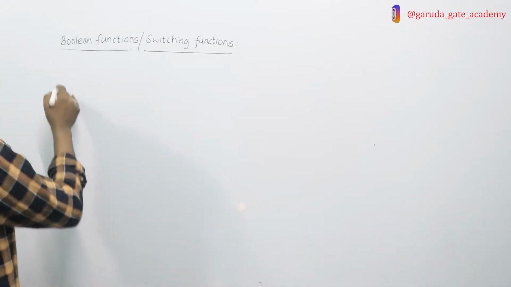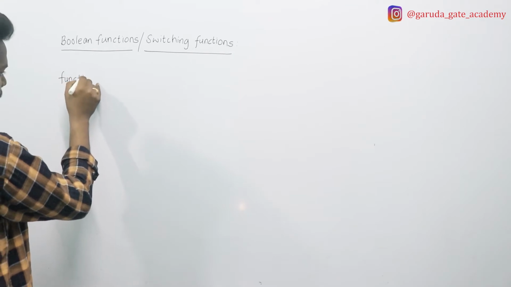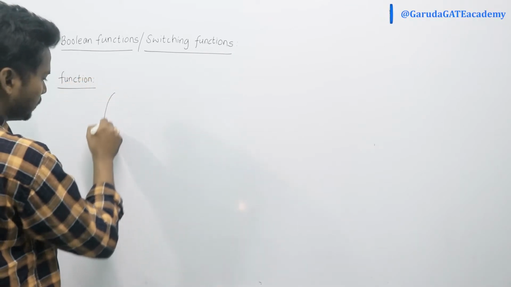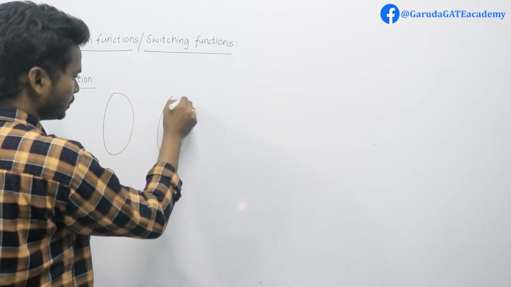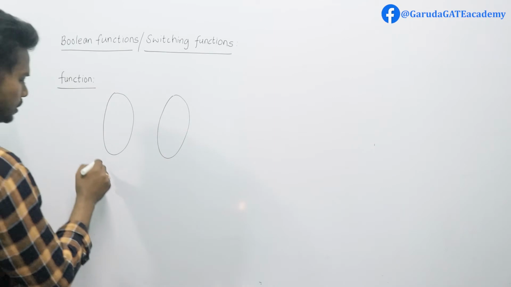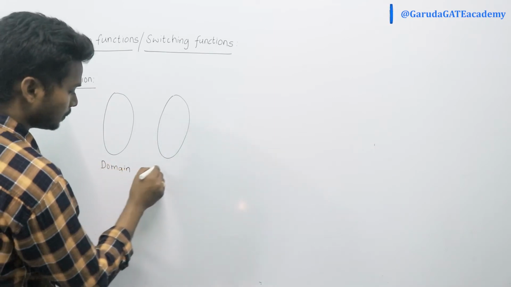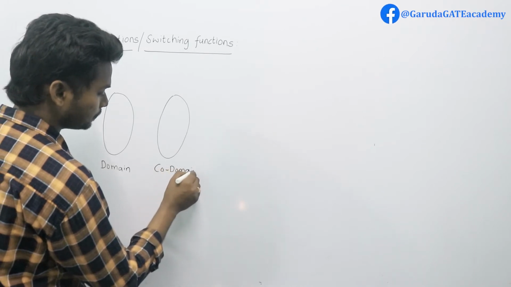So first of all, let us see what is a function. In a function, we will be having a domain part and a codomain part. This is the domain, this is the codomain.